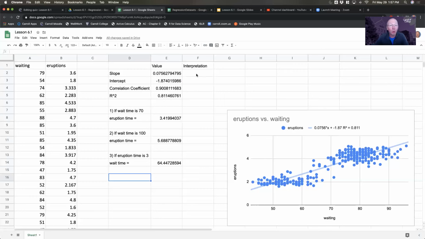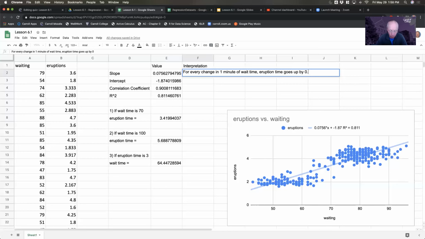Okay, now I can interpret all of these as well. My slope is: for every change of 1 minute of wait time, eruption time goes up by 0.076, rounding a little bit, minutes.